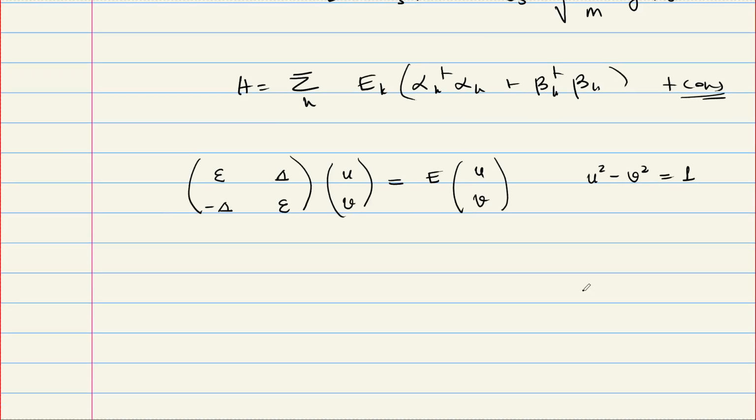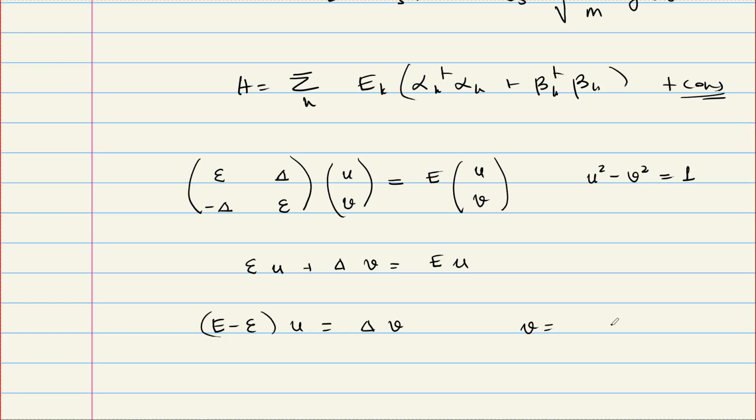And I want to find the following. So this is epsilon times u plus delta times v is equal to E times u. And from here I see E minus epsilon times u is equal to delta times v.